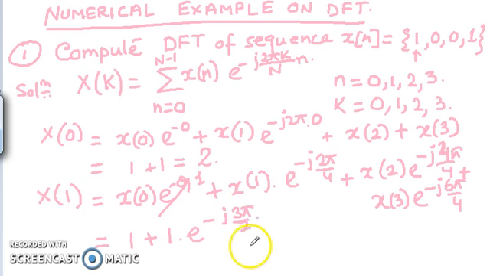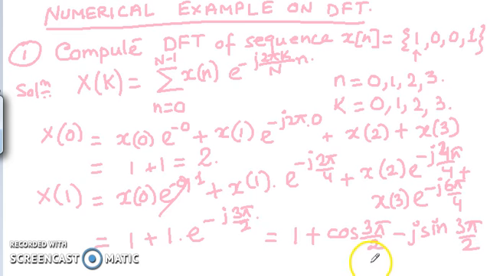As per Euler's identity, we can write it as 1 plus e to the power minus j theta, that means cos theta minus j sin theta. So cos 3 pi by 2 minus j sin 3 pi by 2.